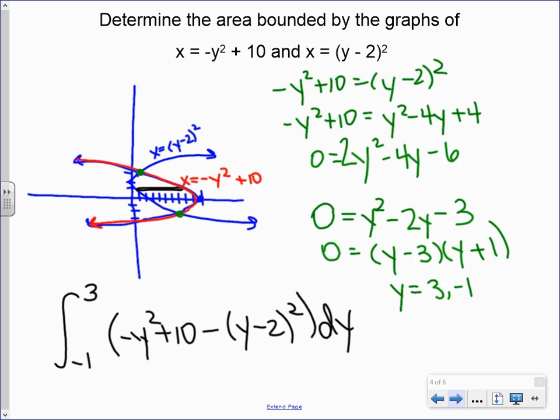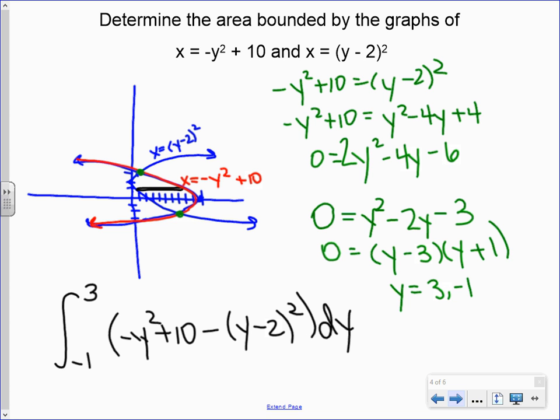Now, another thing. If you're not going to use the algebra to find the points of intersection, how can you verify that they are actually the true points of intersection? Let's assume we don't have our calculator.